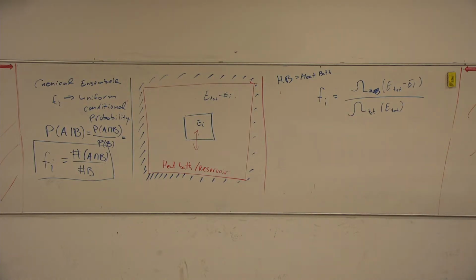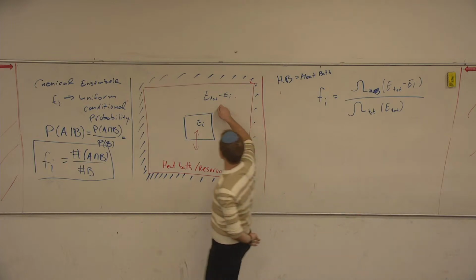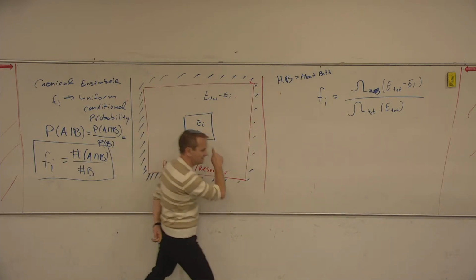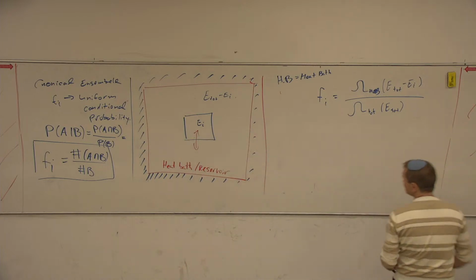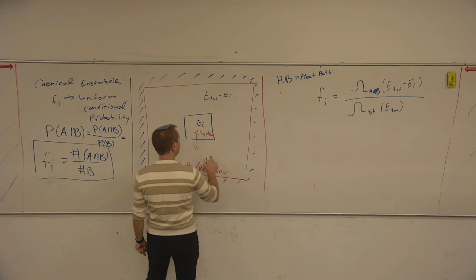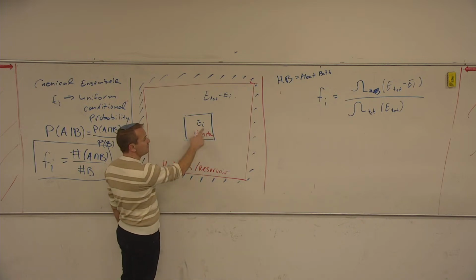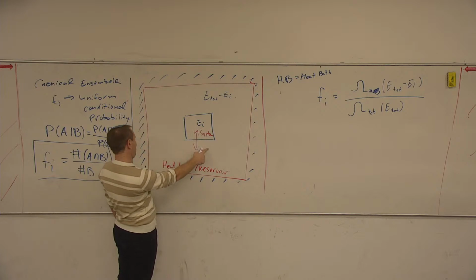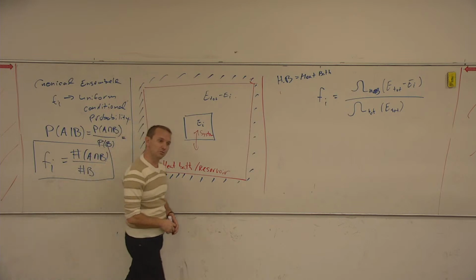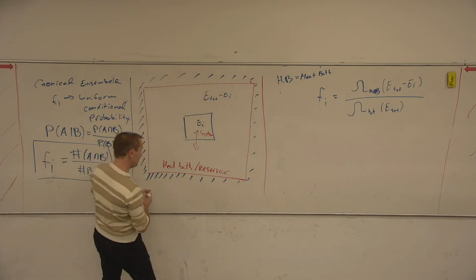I think it's supposed to be just E_i. Sorry? You said E total minus E_i. Because what is the energy of the heat bath, not my energy? This is my system, and this is the heat bath. So if the energy of my system is E_i, the energy of the heat bath is E total minus E_i, because the total energy is constant.